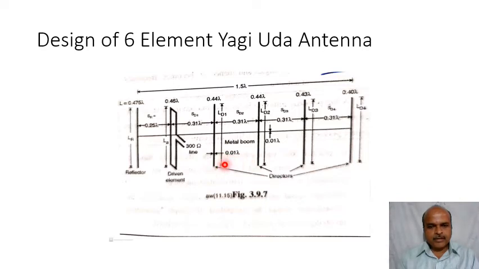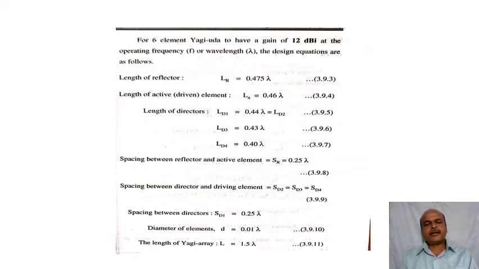These are the spacings: between the reflector and driven element, and also between the driven element and the directors. The spacing between directors is equal, here 0.25 lambda, but here 0.31 lambda. And these are the lengths of the directors mentioned here. So we will design this antenna.